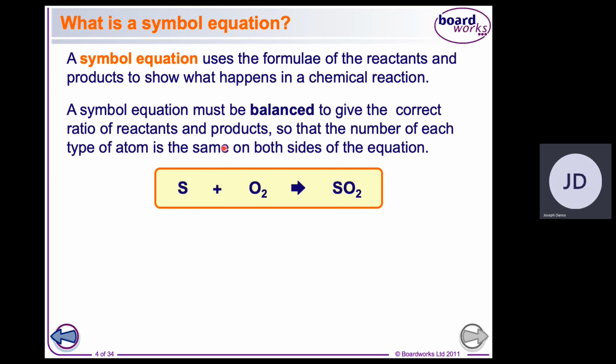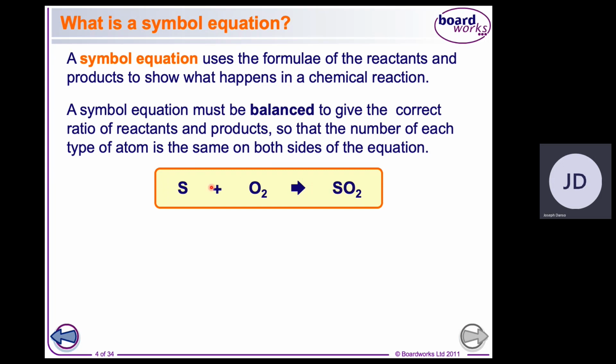So here, if we use the same example we used for the word equation, where sulfur is burning in oxygen to produce sulfur dioxide, this time around, we're going to have S, which is the symbol for sulfur, plus O2, which is the symbol for oxygen, giving SO2, which is the symbol of sulfur dioxide.